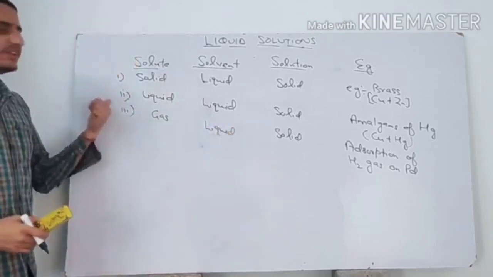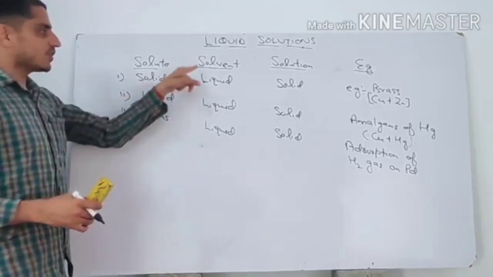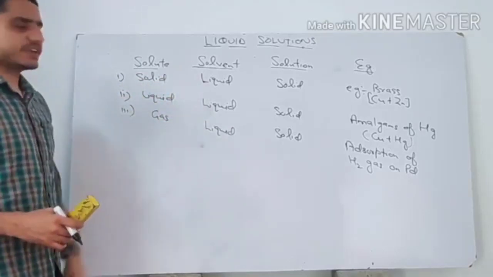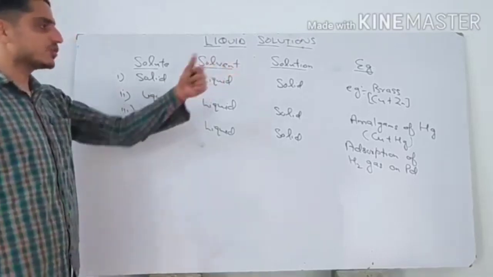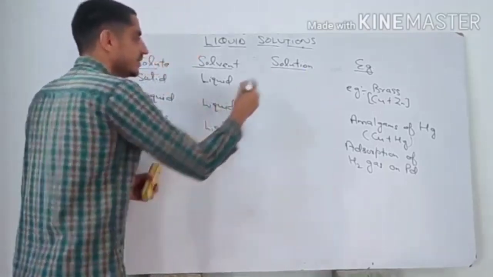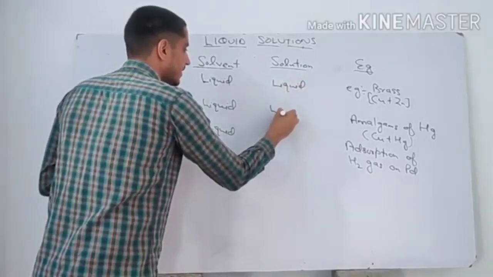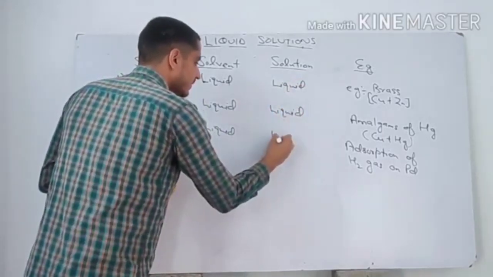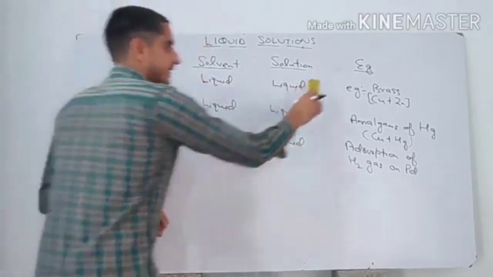Solute, like the previous case, can vary from solid, liquid and gas. Now, if the solvent is in liquid phase, then in the solution only the phase of the solvent is retained. So what will be the phase of solution? That will also be liquid. Now we have to give the examples.